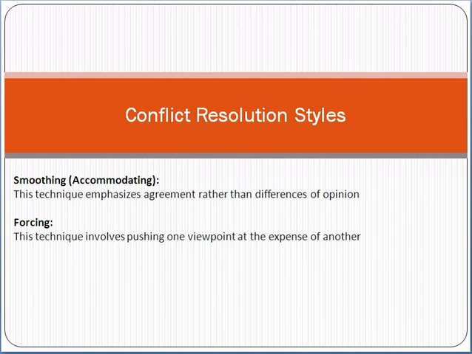Take the same concept of conflict, for example, there are two persons, ABC and BCD. Two persons are fighting, having a disagreement, and one person is very powerful, having complete authority and power.